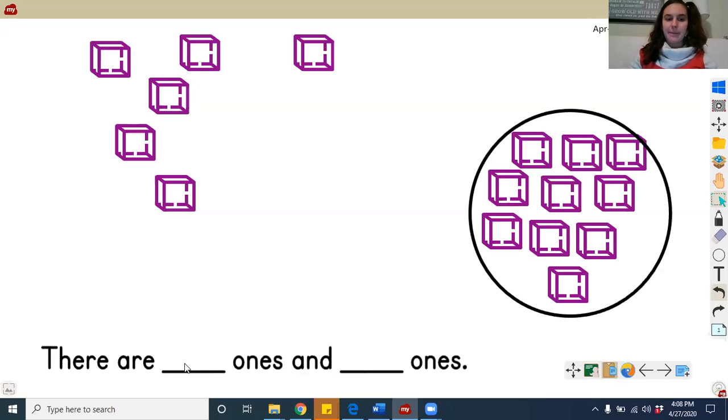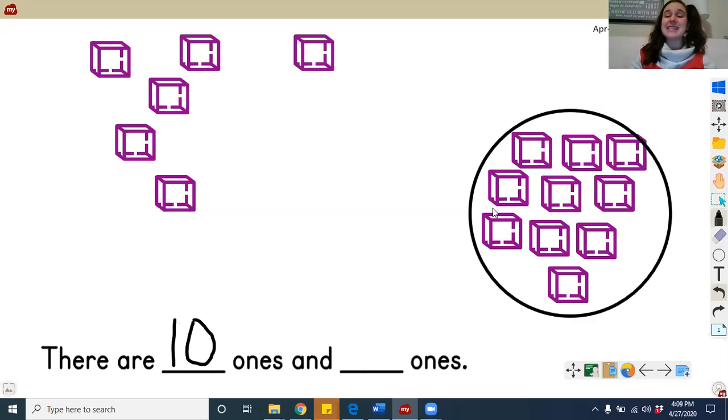Now, there are blank ones and blank ones. So let's go ahead and fill in this sentence. I know that I have how many ones? 10 ones, yes, because inside my circle, I have 10 magnets.